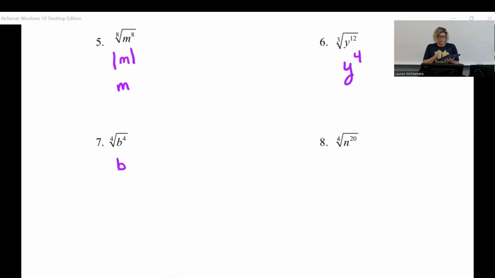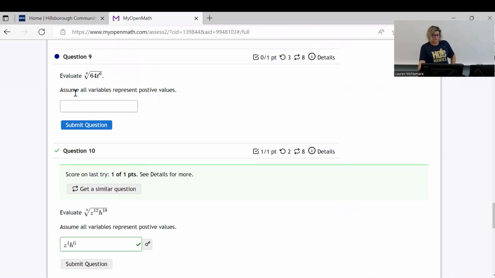The fourth root of n to the 20th would be n to the 5th, which would be absolute value, which we're just going to write as n to the 5th. It says for all of these questions, assume all variables represent positive values. So therefore you don't need your absolute values.